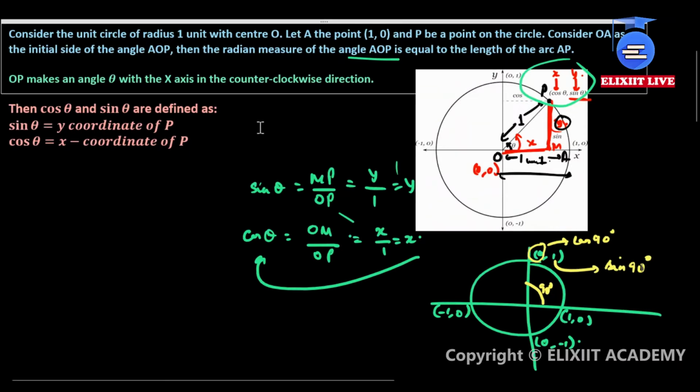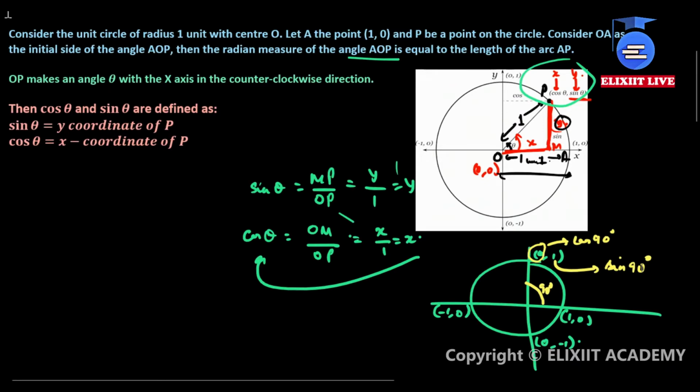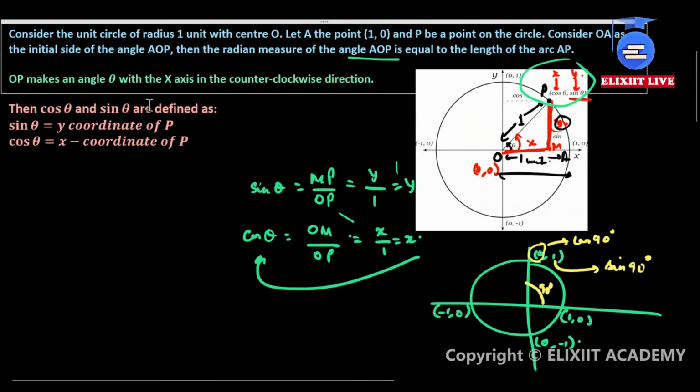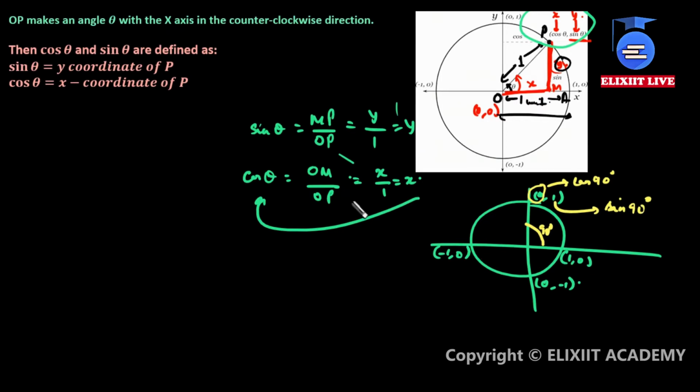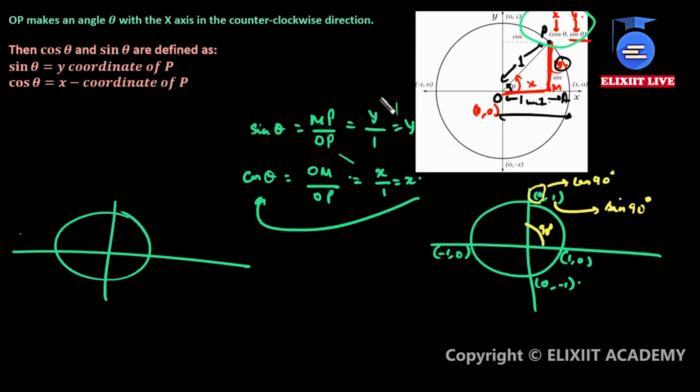And if someone asks you what is cos 180 degrees, first you will identify what is theta. In a unit circle, if someone asks you what is 180 degrees, you take the unit circle. What is cos of 180 and sine of 180? I told you, beyond 180 we have to study now. So first you will identify theta. Theta is actually 180.